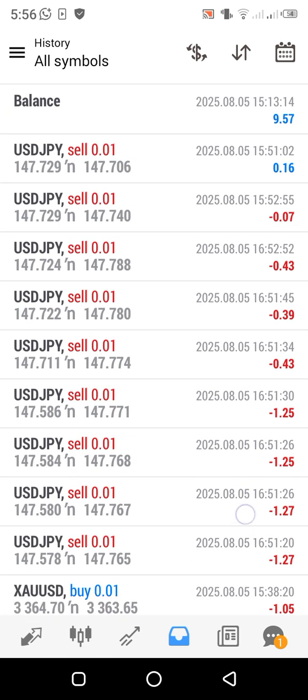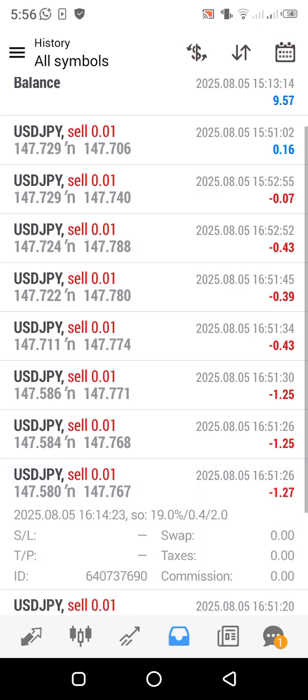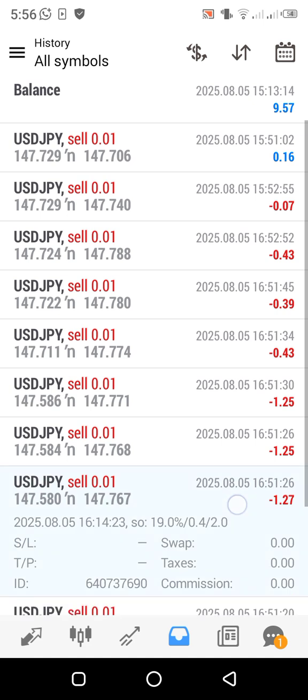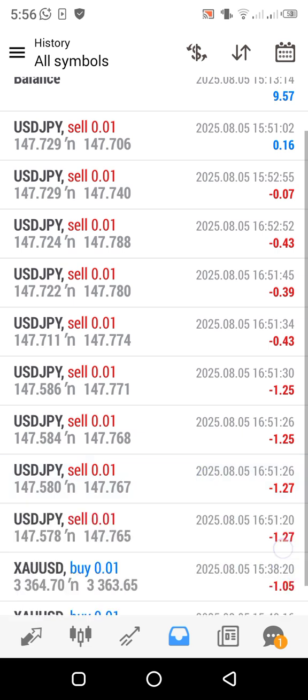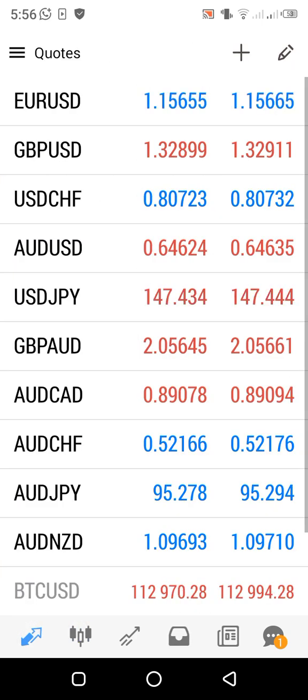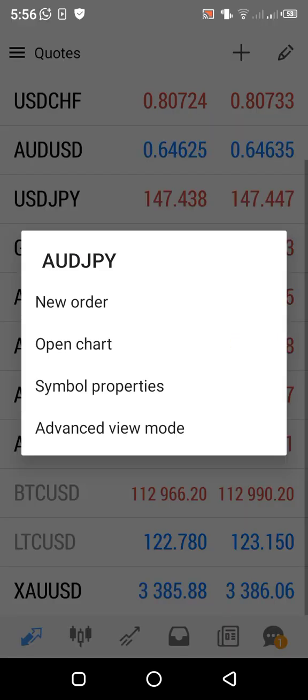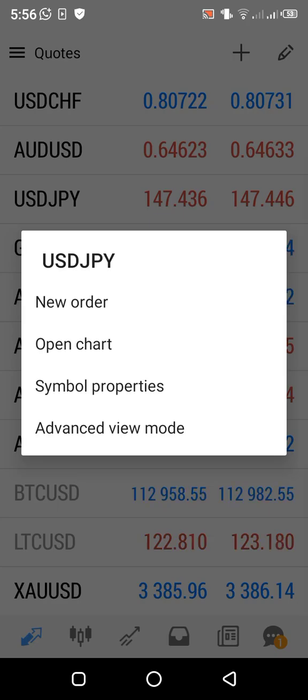If you can observe here, I had a very good setup on USDJPY. I was selling, but I got a little bit excited, so I never actually watched these trades to the fullest. If you go to USDJPY here, I don't want a new order, I just want to see the open chart.